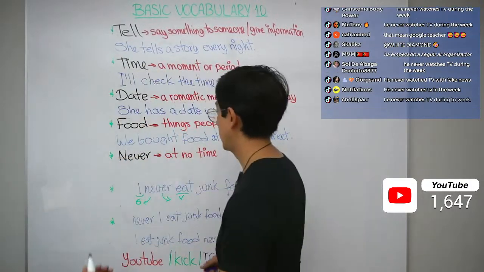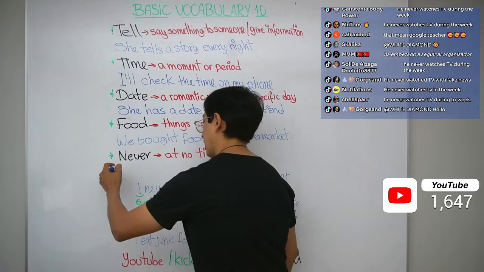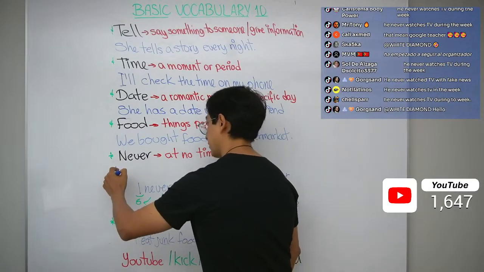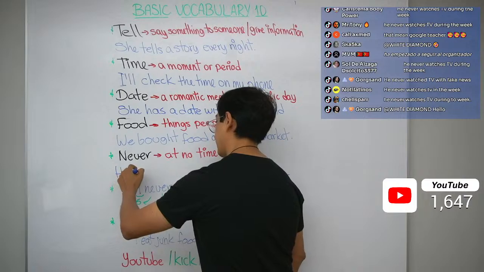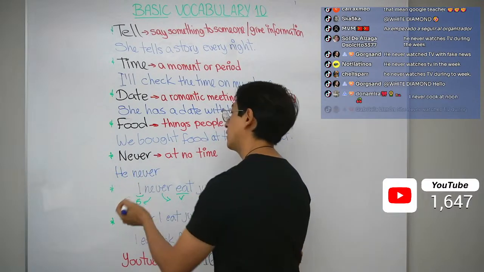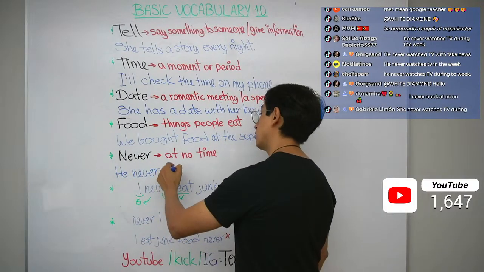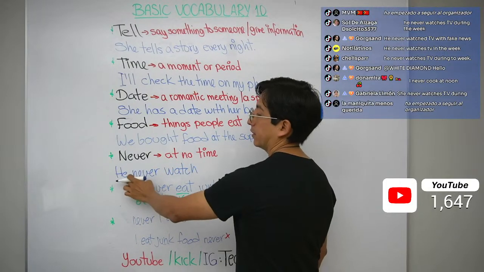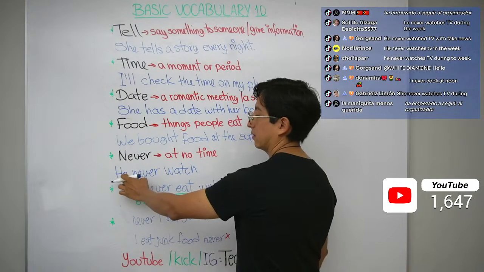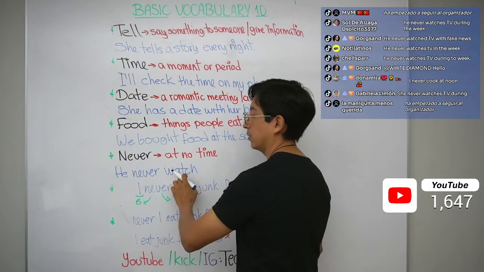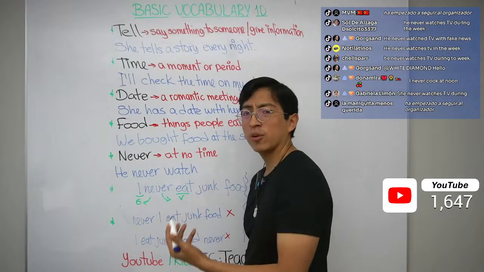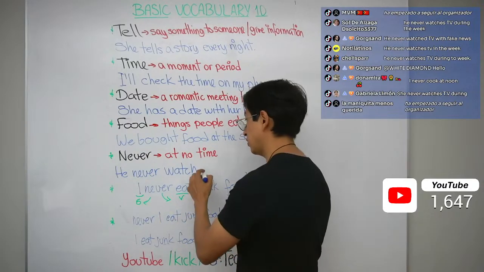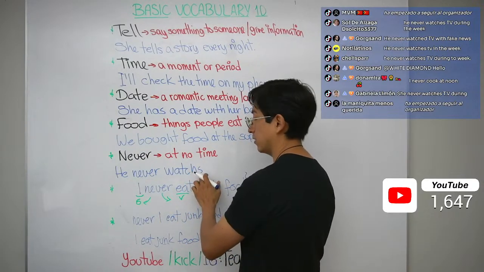Okay. Let's see. He never. Look at this, guys. We have the third person, he, and we have the verb. It's common that we can add an S, but this is not possible. He watches.